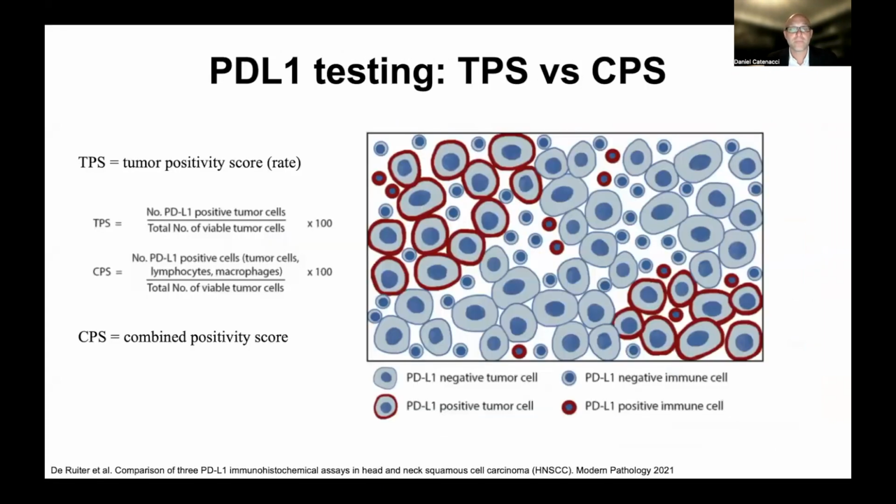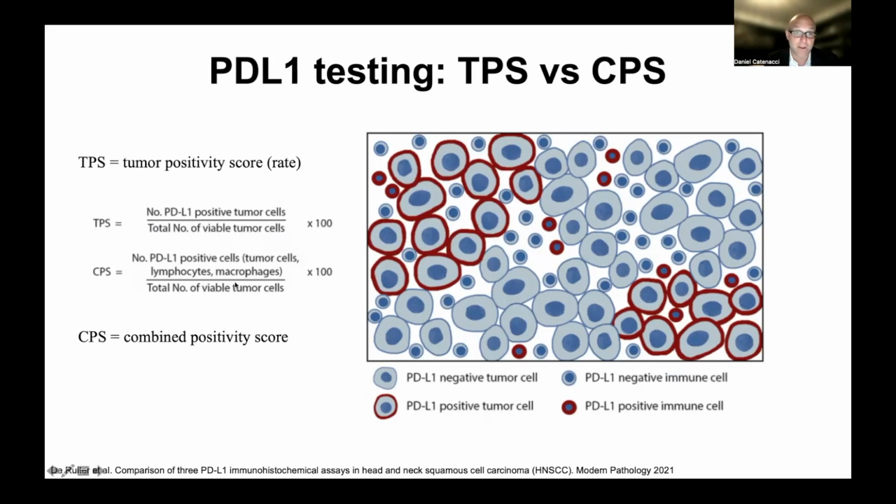As a quick reminder, for PD-L1 testing, if you're looking at the slide, you would have these bigger cells are the cancer cells, and the smaller infiltrating cells are lymphocytes or our immune system. And so when we stain the slide for PD-L1, we could look just solely at the tumor cells and basically assess how many of the tumor cells are positive compared to all of the tumor cells present, and that's the tumor positivity score, versus the combined positivity score, which is not only looking at the staining of the cancer cells, but also any immune infiltrating cells.